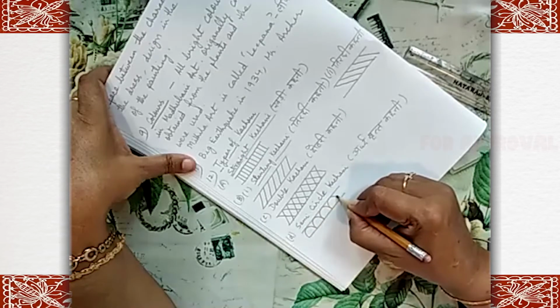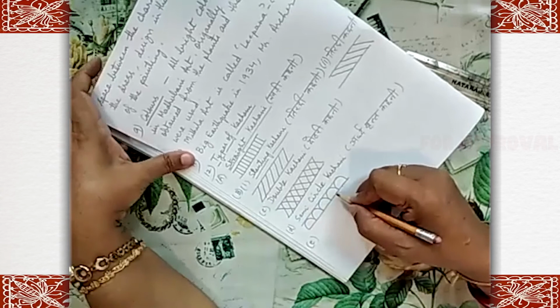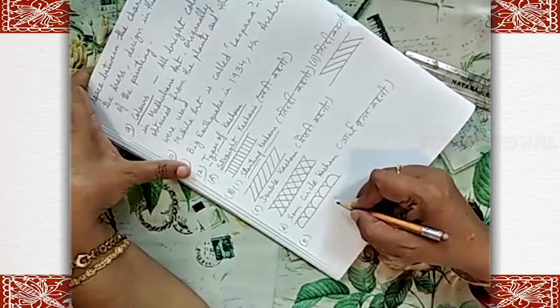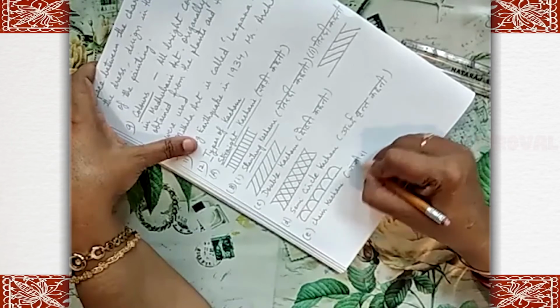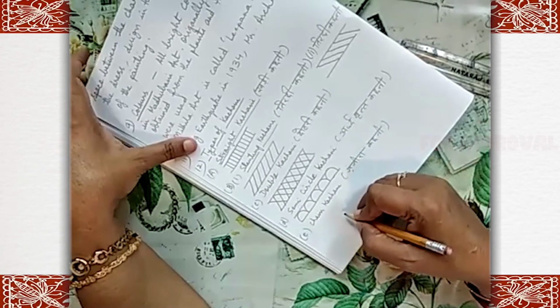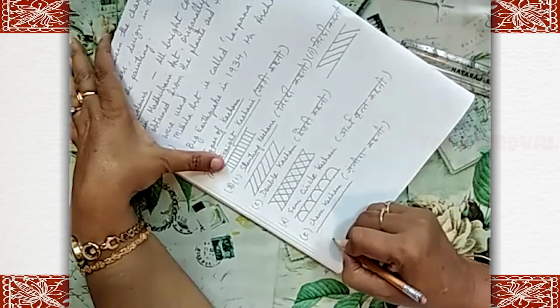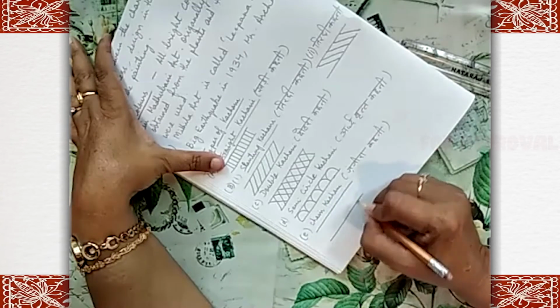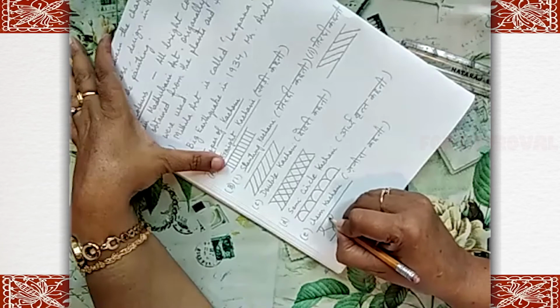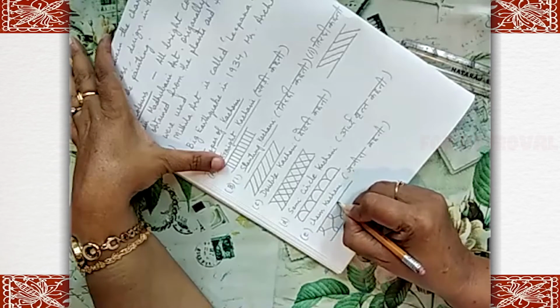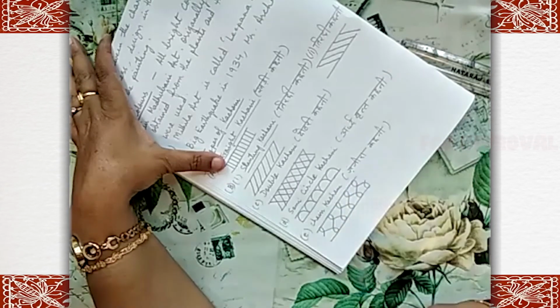All line work is kachni. If we fill colors in this, it will become bharni. Then chain kachni. This is called zanjeera kachni. Chain, everyone knows, means zanjeer. This is zanjeera kachni. So start from here. This is our zanjeera kachni done.